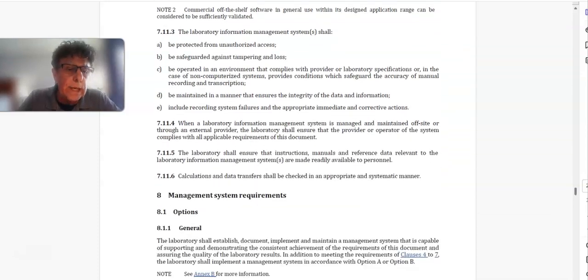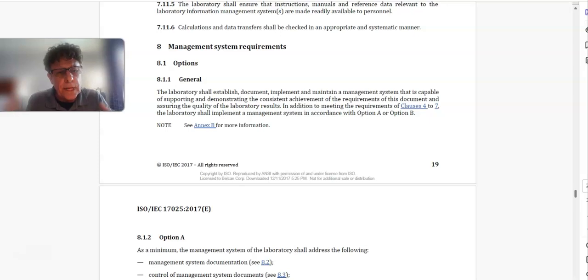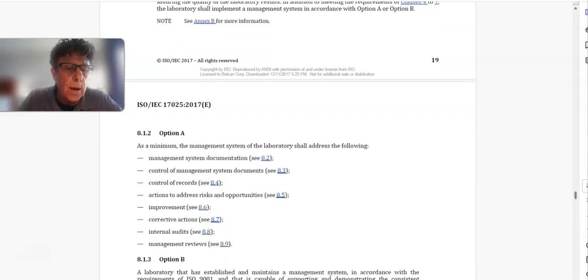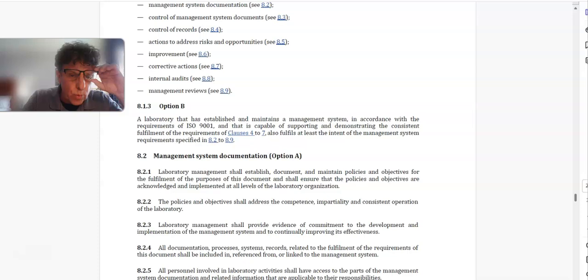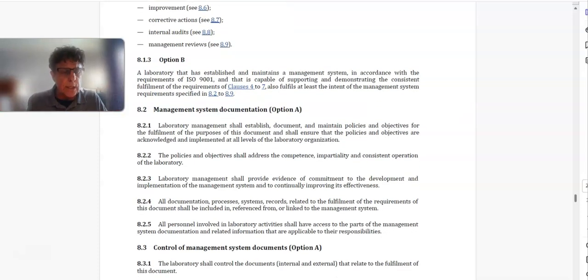And then finally, we get into section 8, which are management system requirements. And these are the same kind of requirements that you would see in other standards, such as ISO 9001. This is where you'll get into quality policy, quality objectives, which you find in section 8.2. This is where we house your policies and quality objectives.